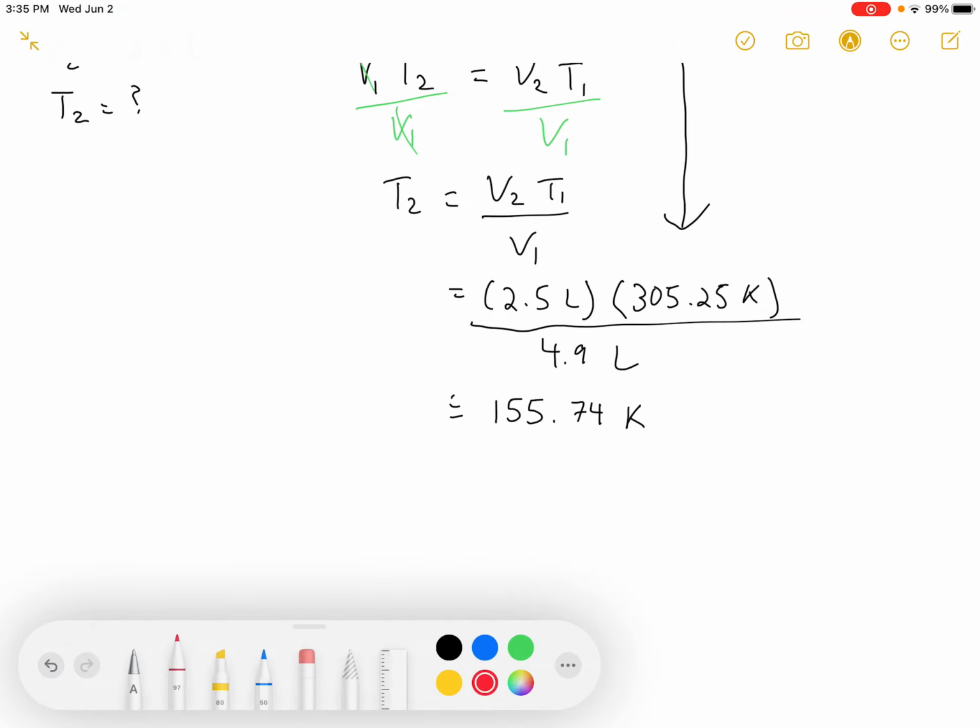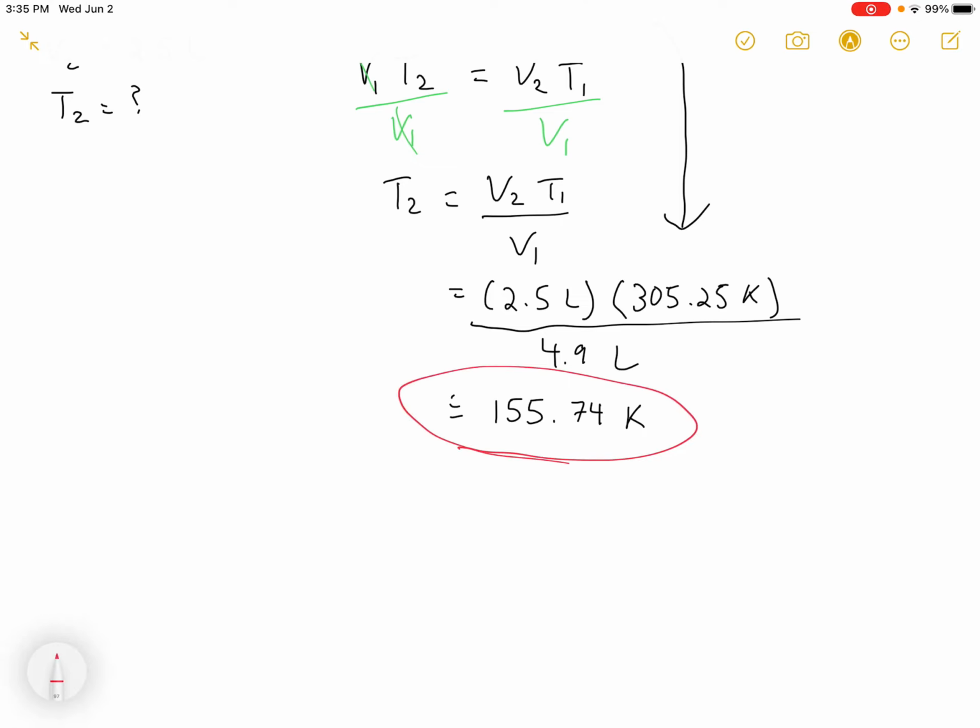And then one final step for us here is we should report the final answer in the same units that we were given. And since we were given a value in degrees Celsius, we should report our final answer in degrees Celsius as well. So we'll convert this into degrees Celsius.